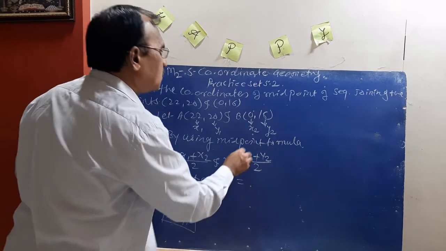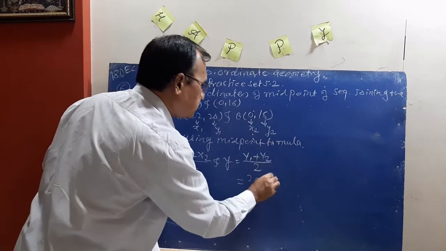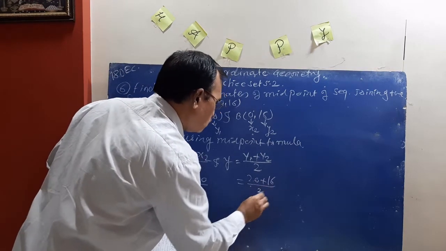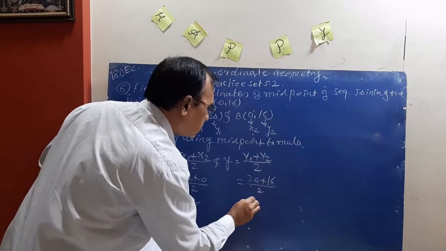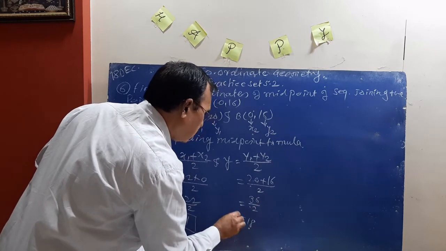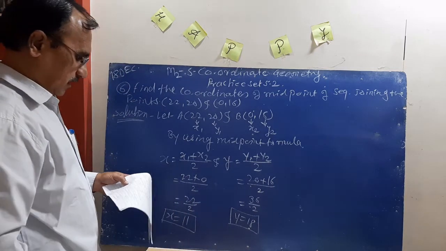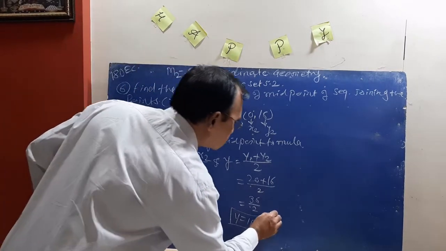Now y1 is 20 plus y2 is 16, divided by 2, the sum is 36 upon 2 is equal to 18.